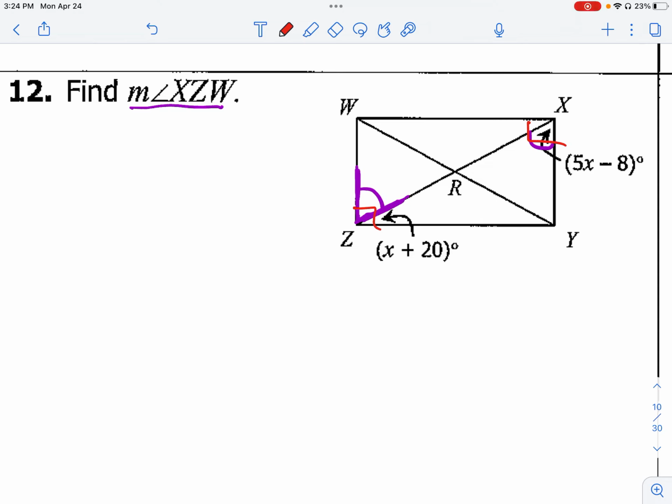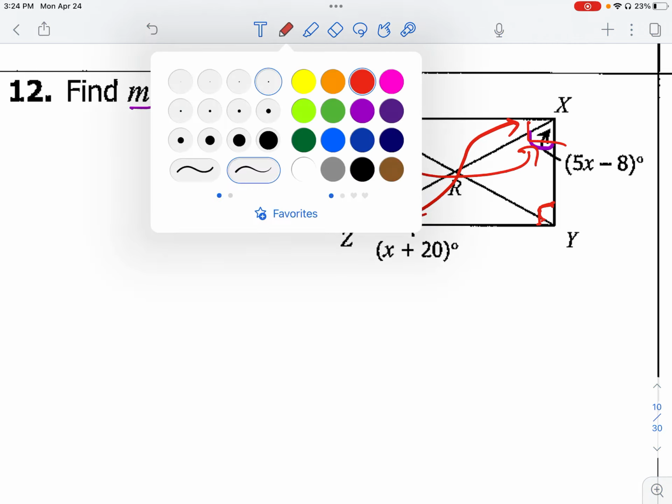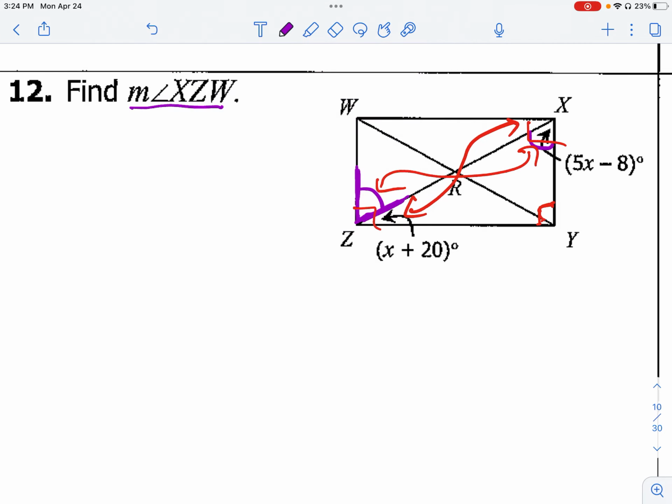And if 5x minus 8 is ultimately what we're looking for, these are going to crisscross as well, alternate interior angles. We know that this here is a 90 degree angle, so x plus 20 and 5x minus 8 have to equal 90 degrees no matter how we slice it.